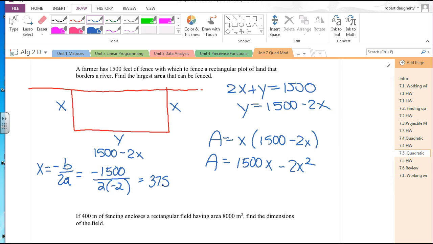What did they ask me? The largest area that can be fenced. So I know that x is 375. And then what is this other side?